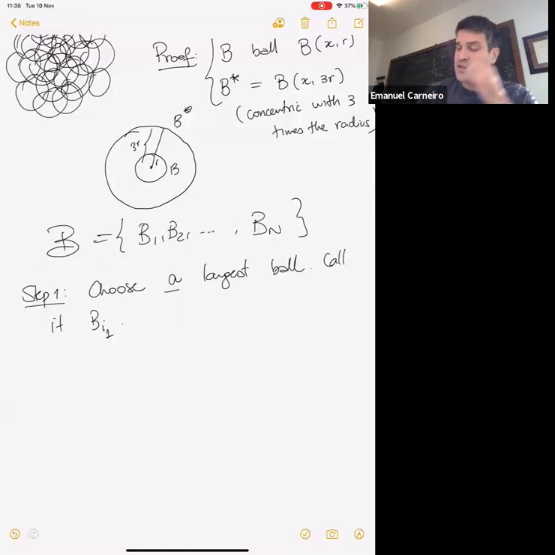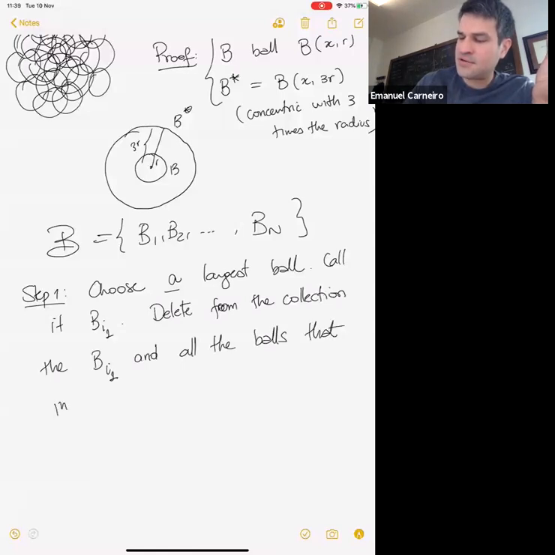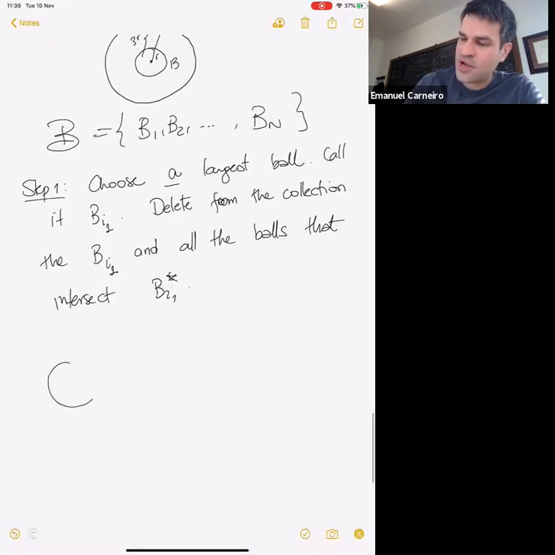Now what you do is that you delete from the collection this ball B_I1 that you chose and all the balls that intersect B_I1 star. So you chose a ball with the largest possible radius.